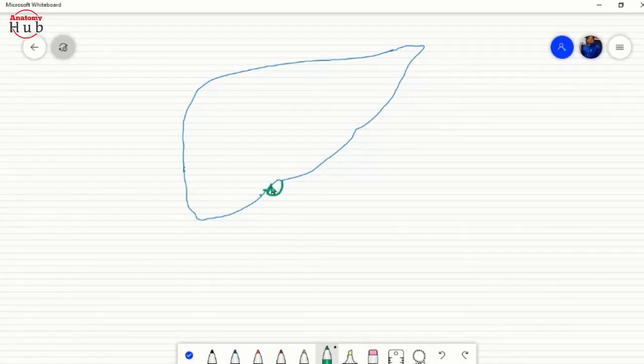So this is the fossa or the notch for the gallbladder. And here you will find a notch, and this notch gives attachment to the folds of peritoneum.